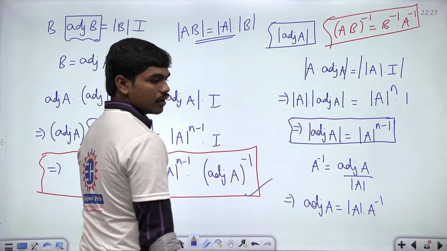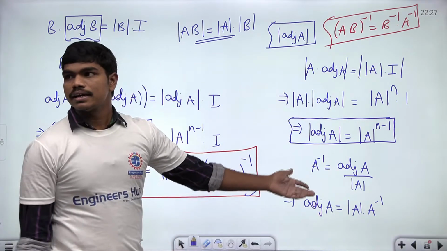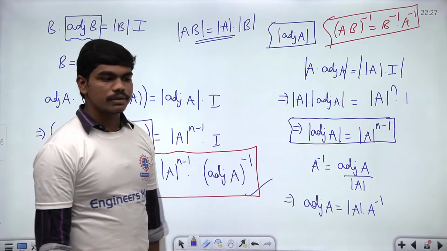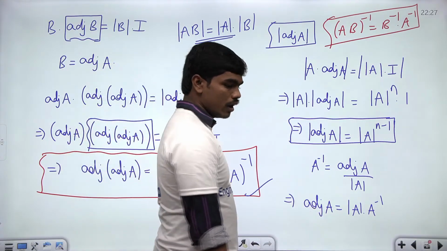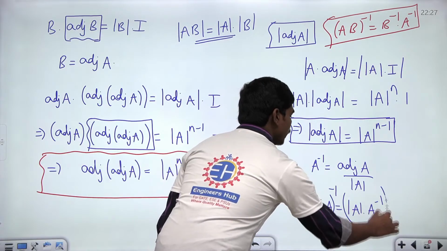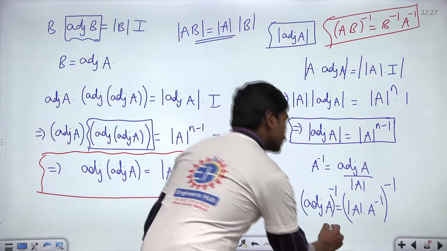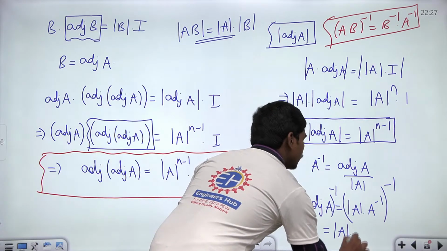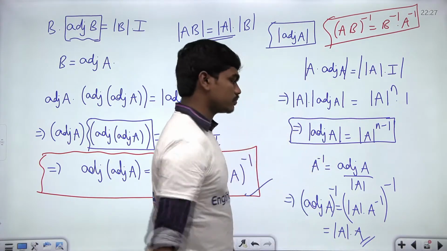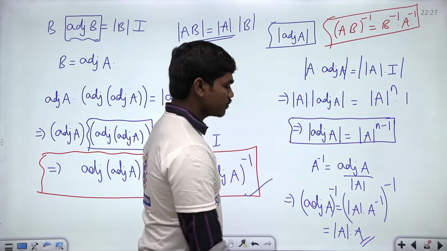Previously I multiplied by I also, but multiplication by I doesn't change the matrix or the determinant value. Because det A is 1, if you want to calculate the inverse of this matrix, you need to apply inverse for this. And this det A is a scalar, so you can take it out, and it is something like this, because A inverse whole inverse is nothing but A. Fine.